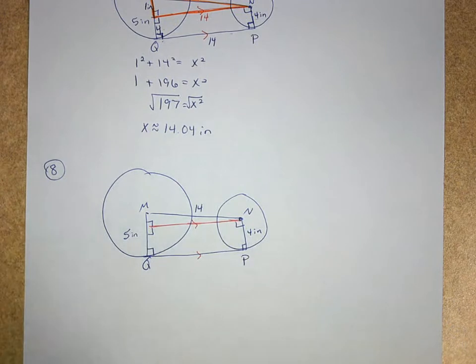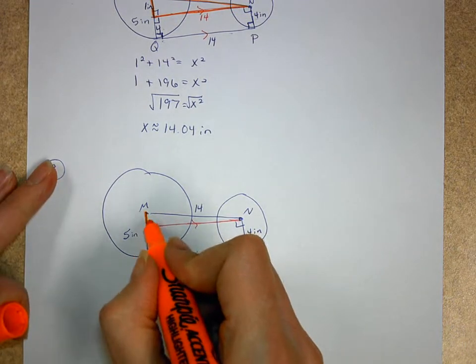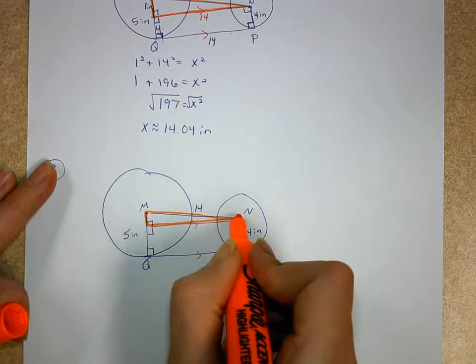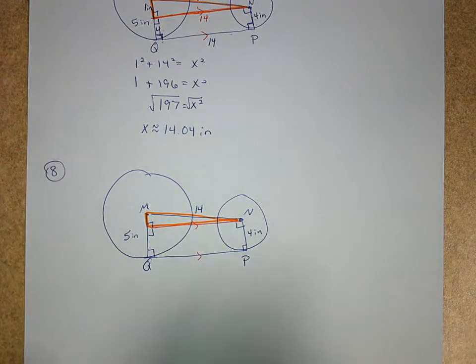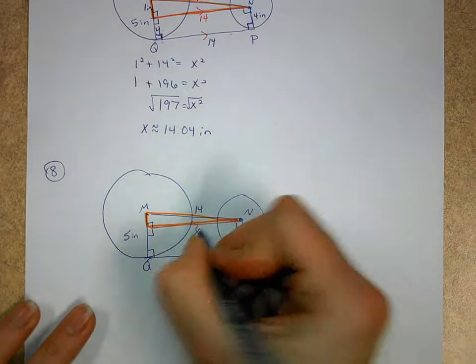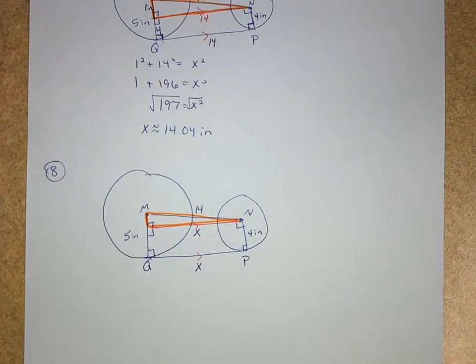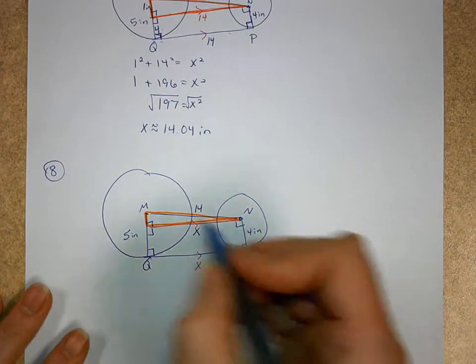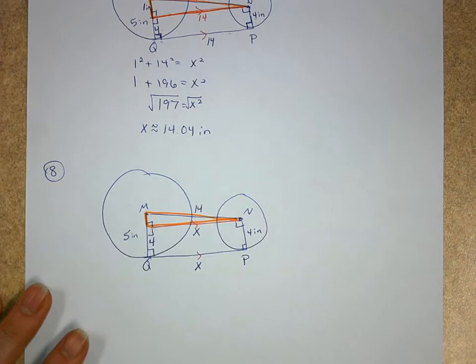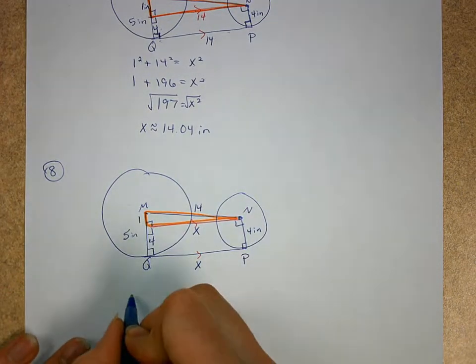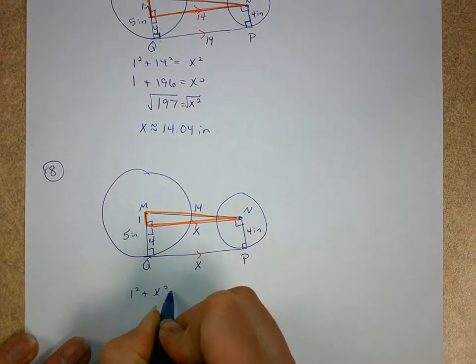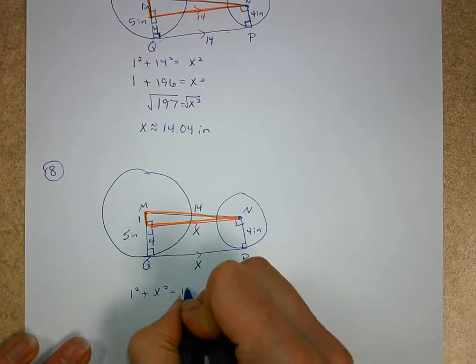So here is that right triangle again. I'm looking for QP, so I don't know this one. Well, opposite sides are congruent again. That's a leg of that right triangle. If this segment's 4 inches, then that segment's 4 inches. That leaves this one to be 1 inch. So I go 1 squared plus x squared equals 14 squared.